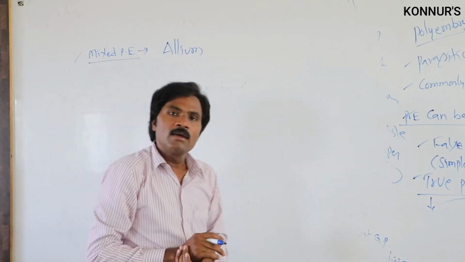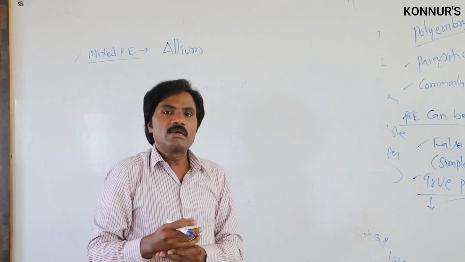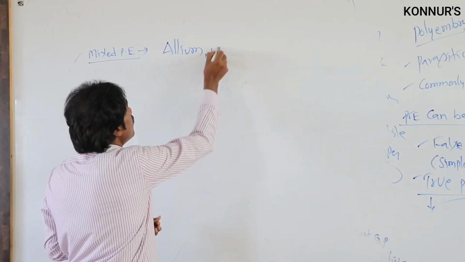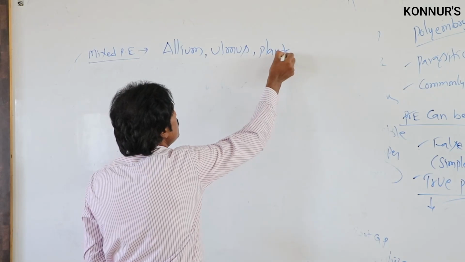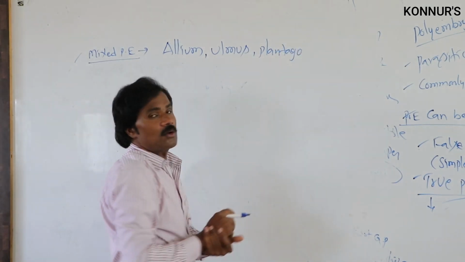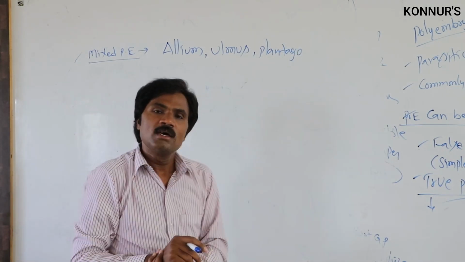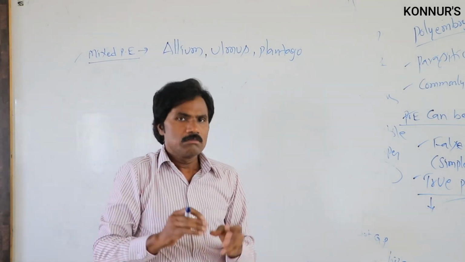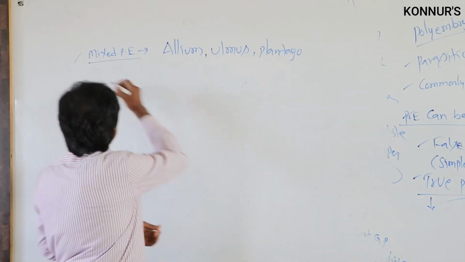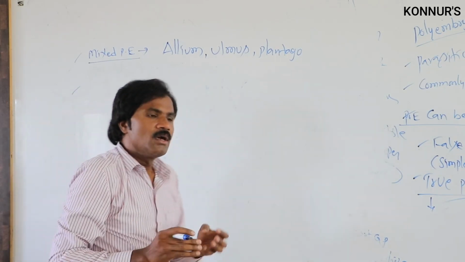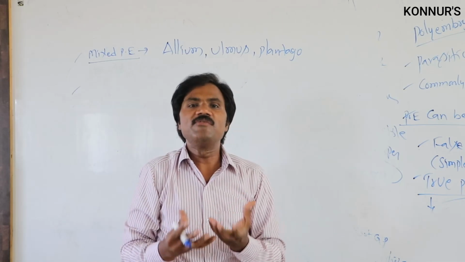In Allium, as well as in Ulmus, as well as Plantago, such plants normally show mixed polyembryony. Then apart from this, there is embryonic cleavage.